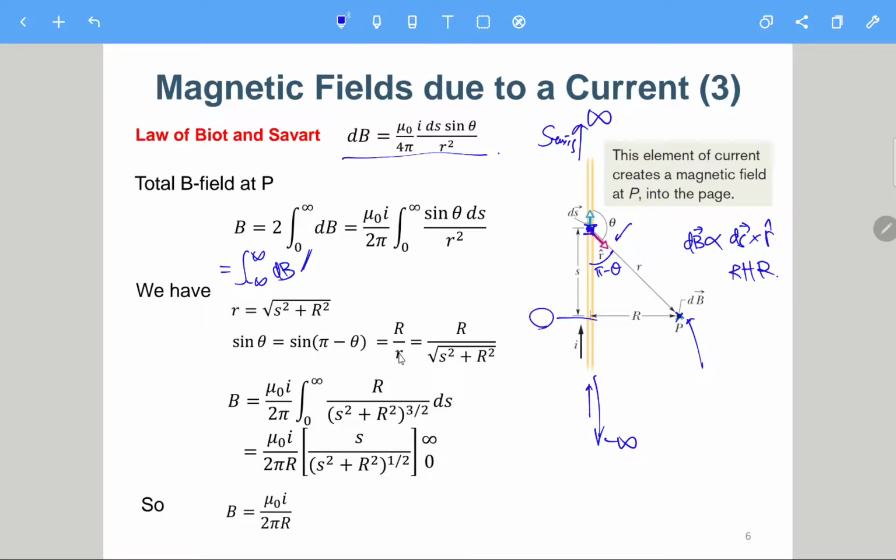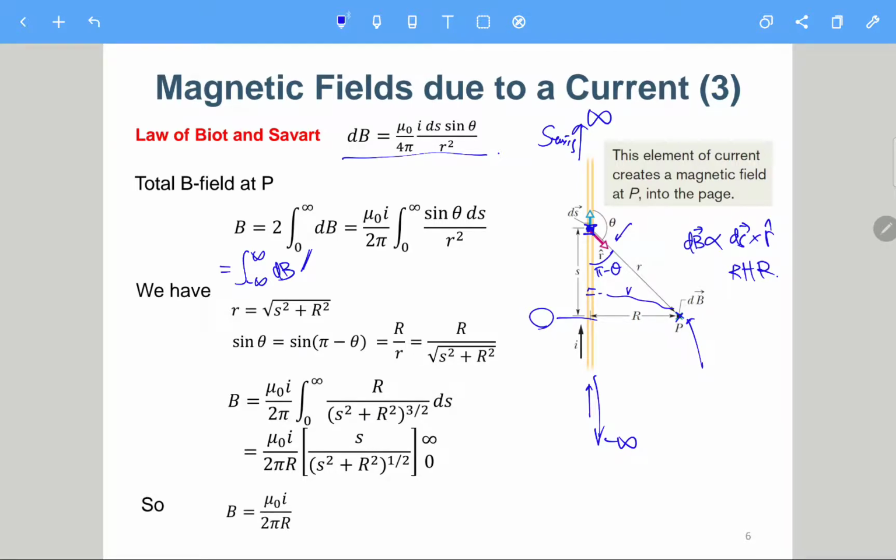We need to express it in s because we have ds here rather than dr. So we need to change r in terms of s, so we have s squared plus capital R squared. Capital R is a constant, so it is fine to keep capital R. But we can't keep small r, because r is a variable. As long as you have ds here, small r will change.